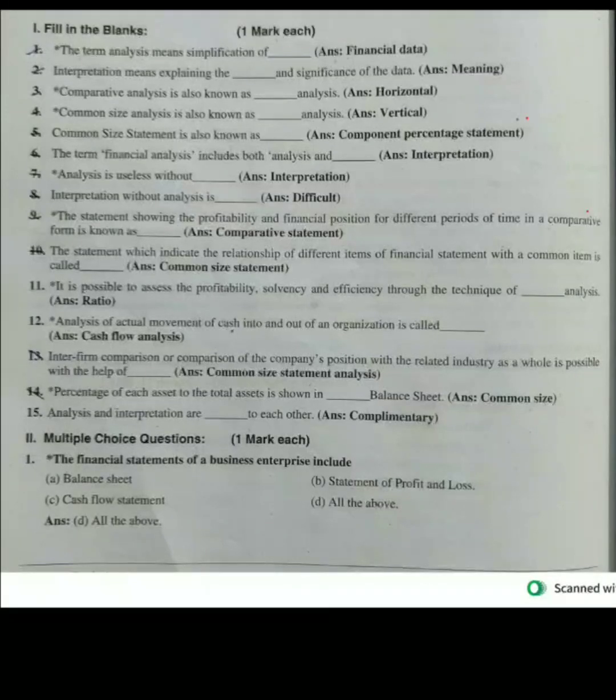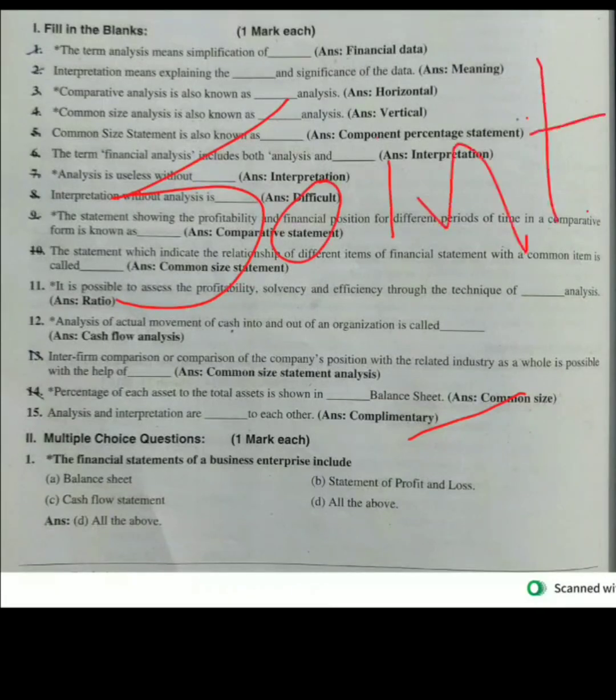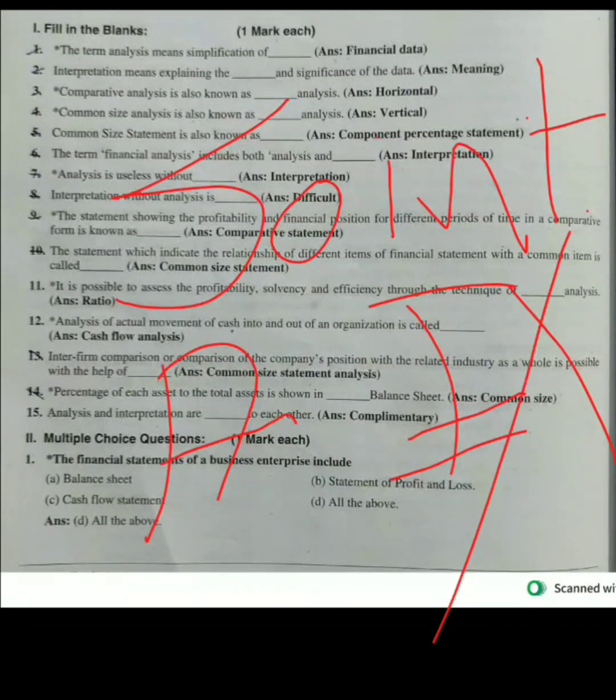Next one: analysis and interpretation are dash to each other. It is complementary to each other because they are joined together. Without analysis, interpretation is useless and meaningless.